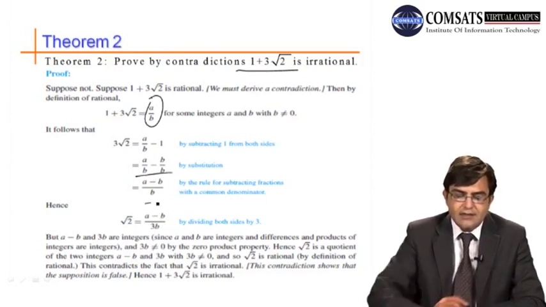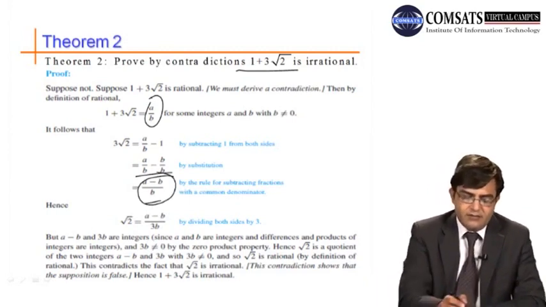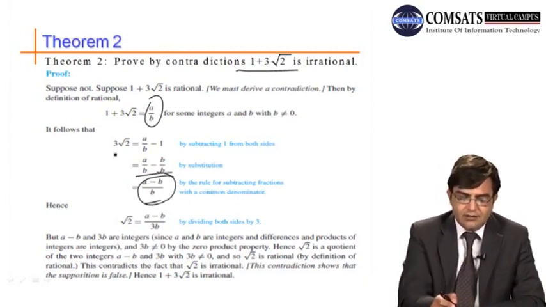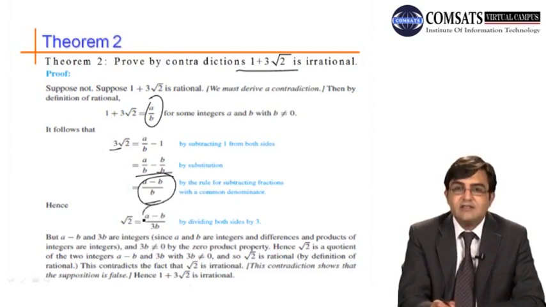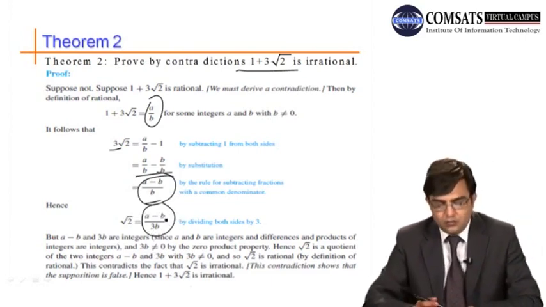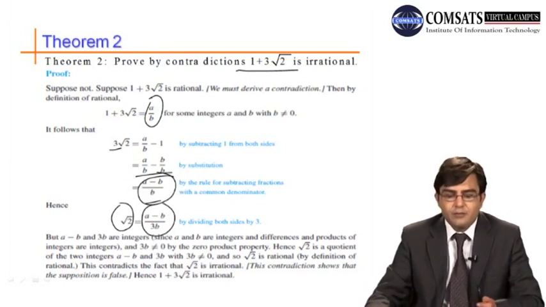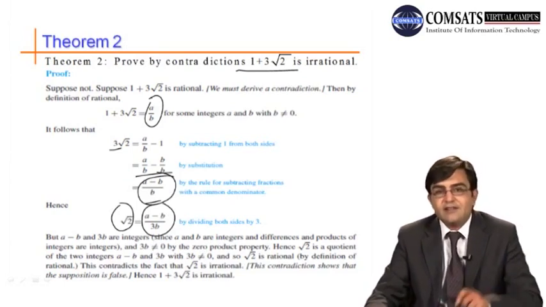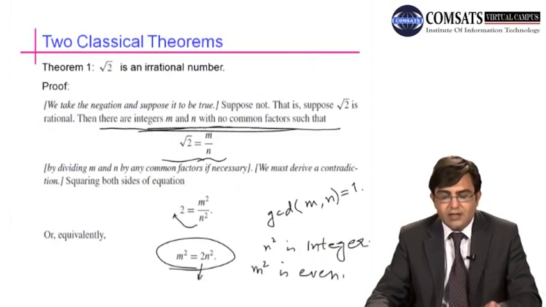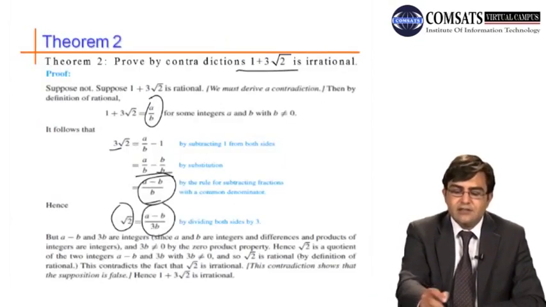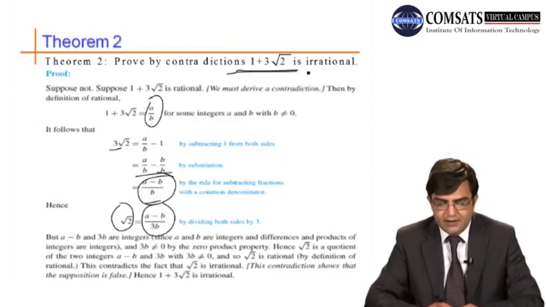Now this is rational, where we divide by 3 on this side, because a is an integer, b is an integer, a minus b will also be an integer, 3 into b is an integer, and we have integer over integer, which is square root 2. It means that square root 2 is rational, which is a contradiction. Because we have already proved that square root 2 is an irrational number, we also conclude that this number is an irrational number.